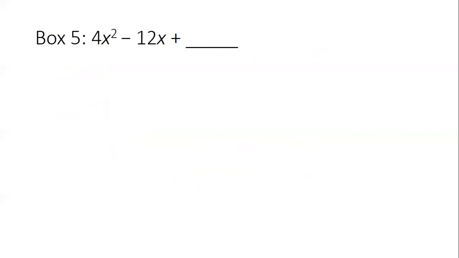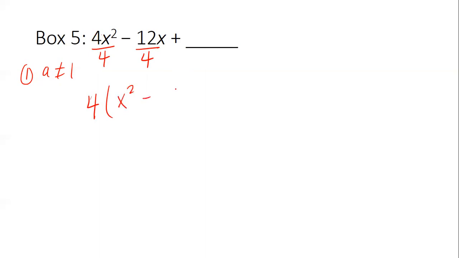All right, here we go. This time, does our A equal 1? No, A does not equal 1. So before we can move on, we have to make A equal to 1. Okay, in order to do that, we're going to divide by 4. So that 4 is going to move to the outside.